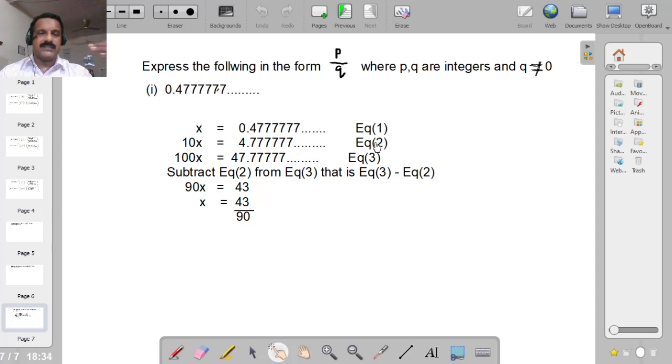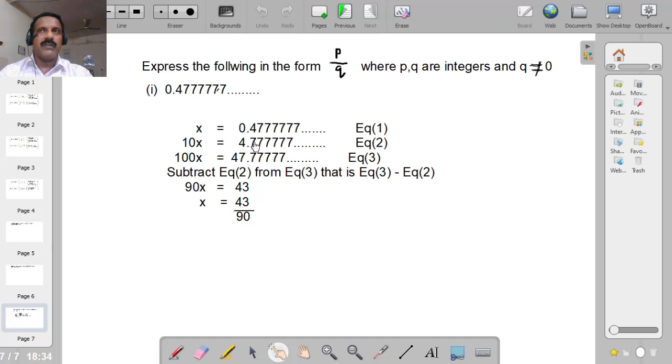The next step is, we multiply equation number 2 by 10 raised to m, where m is equal to the number of digits in the recurring block. See here, 7 is getting repeated again and again, and the size of the block is only 1.